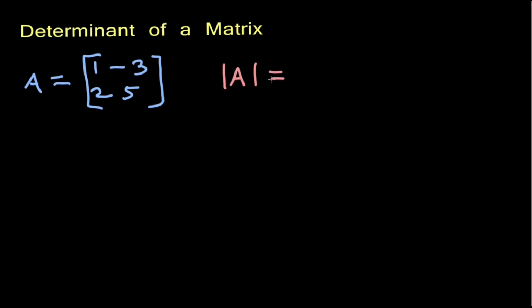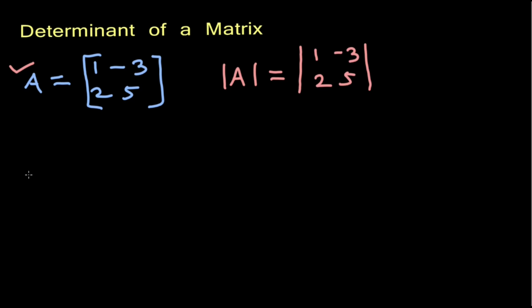Determinant of a matrix. Suppose matrix A is [1 -3; 2 5]. Then the determinant made out of the elements of matrix A is known as determinant A, which will be the determinant of [1 -3; 2 5].